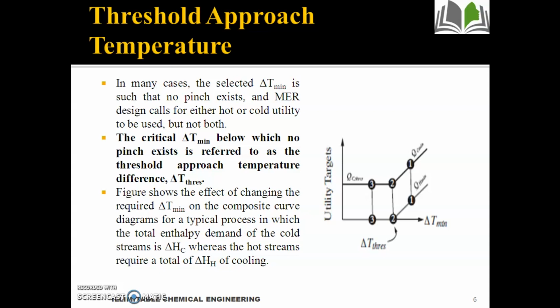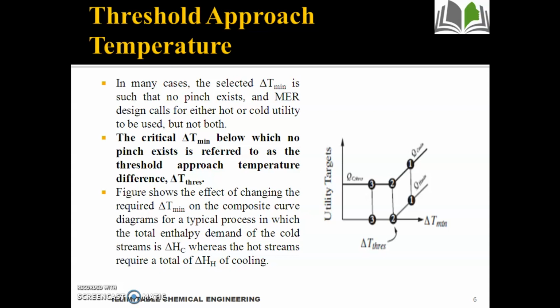हाउ? If let's assume कि we are having a delta T minimum 5, then we will take 10, then we will take 20, 30, 40. We will get some of the answer of the QH minimum, hot utility and cold utility. But we will assume that कि threshold approach temperature उसका 80 डिग्री सेल्सियस है, तो उसके बाद कोई भी पिंच एग्जिस्ट नहीं करता, राइट?